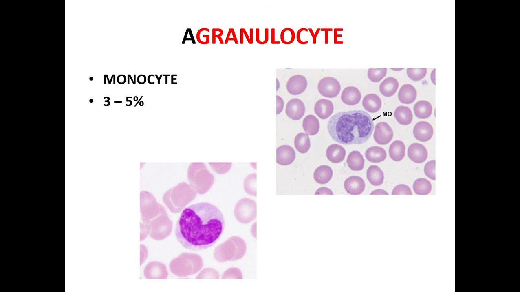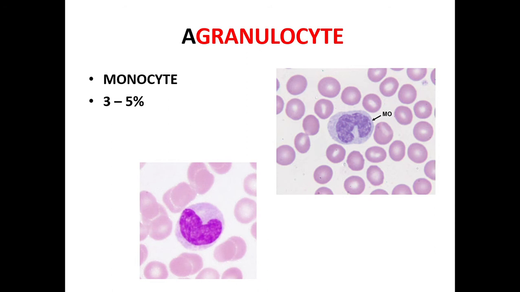Unlike the other cells of the white blood cell series, where the nucleus of all the cells is condensed or compact, in monocytes the chromatin material in the nucleus is loosely arranged, and it will give us a staining characteristic of the nucleus as a pale nucleus.